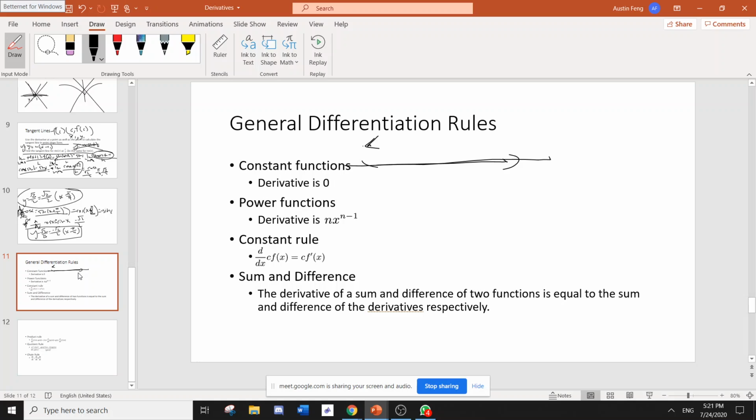So we can prove it. The limit as h goes to 0 of f of x plus h minus f of x, all over h.